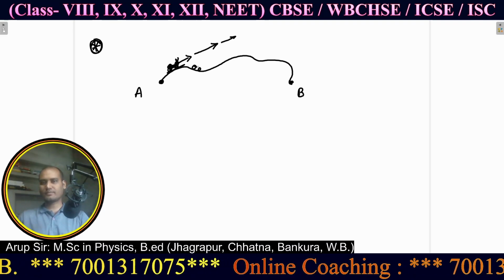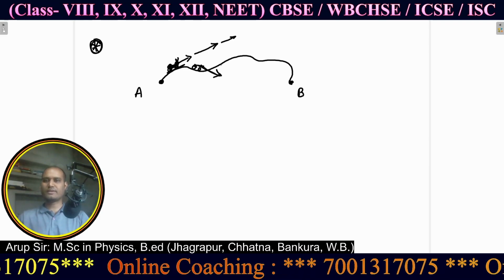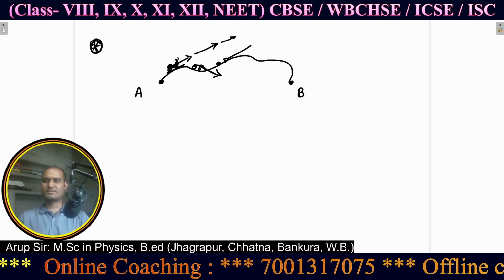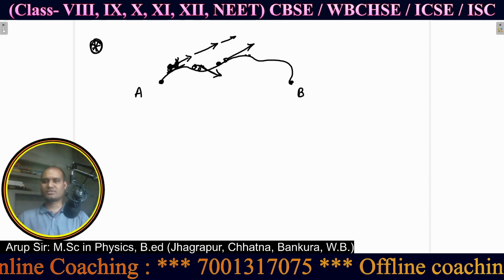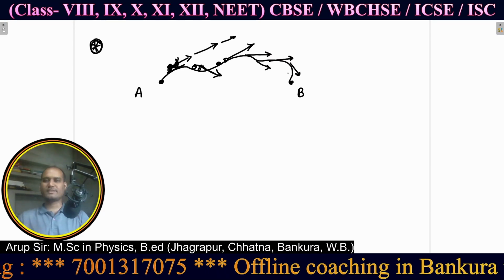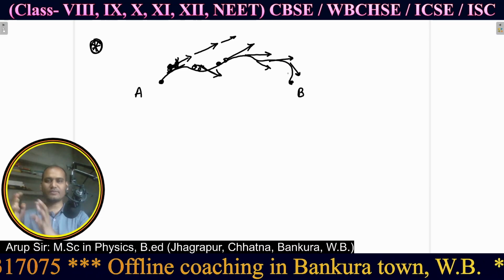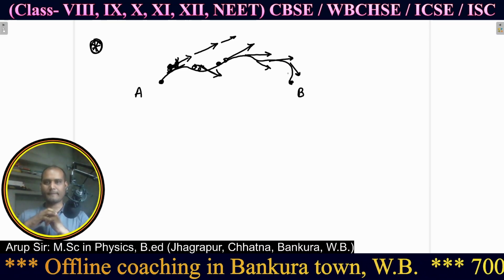When the bike comes here, its headlight will be directed towards this. When it is here, it will be directed towards this. So at each and every point we are getting different directions, right?